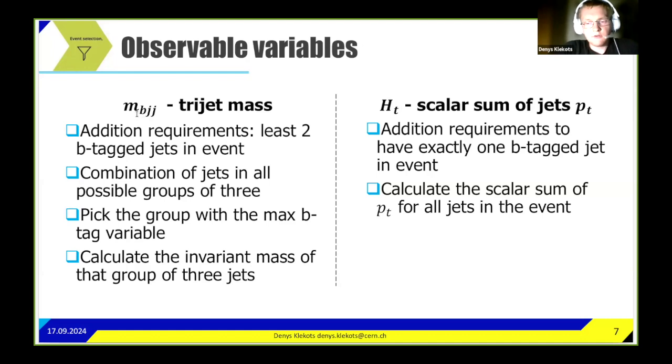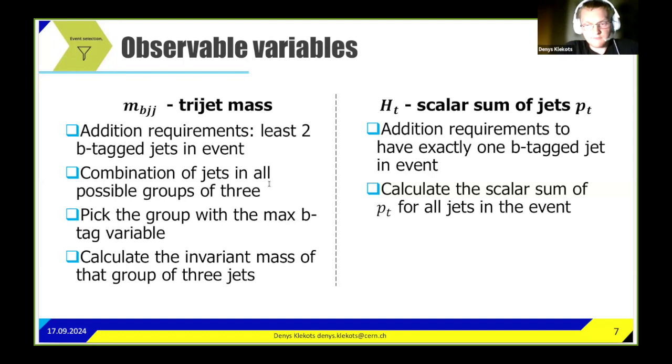For now, the analysis for both of them is slightly different. For the 3-jet mass, we have additional requirements: we select only those events which have at least 2 b-tagged jets. A b-tagged jet is a jet which is recognized as most likely to be a jet from a b quark. After selecting these events, we have at least 4 jets in each event.